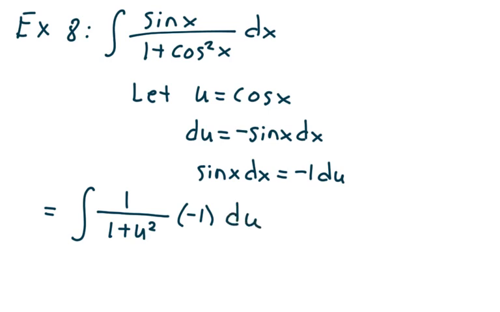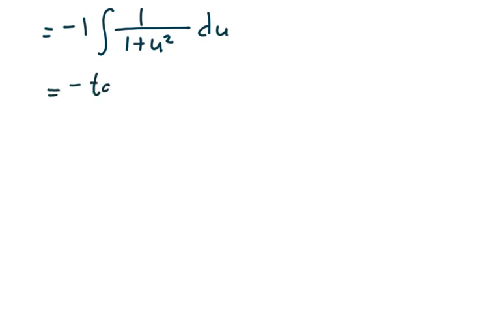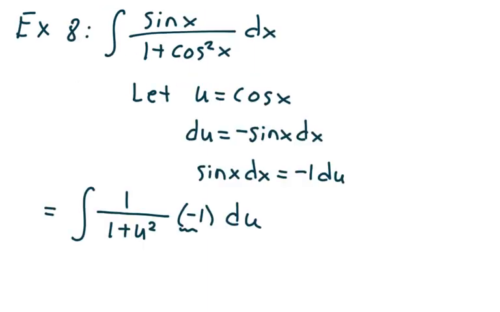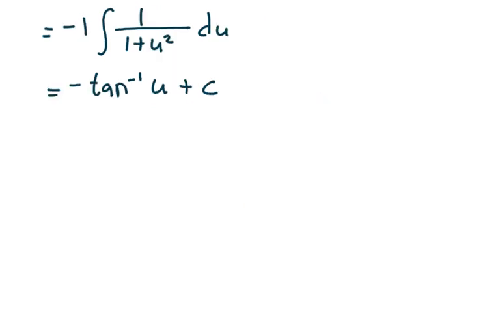And that is more manageable, because I'm going to pull the negative 1 out in front, and this is negative 1 times the integral of 1 over 1 plus u squared du, which is negative arctangent of u plus c. But I forgot, I have to find out what u is. Oh yeah, u is cosine x. And so this is negative arctangent of cosine x plus c.